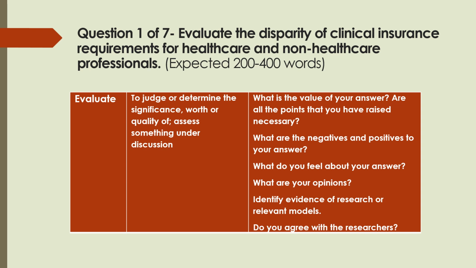So you can obviously write your opinions, and do you agree with this evidence or not? Try not to go too much off on a tangent, because you've got sort of in that word count of 200 to 400 words. But it's trying to personalize and look at the positives and negatives. You find all the information out, and then you come to the conclusion of what your opinion is.